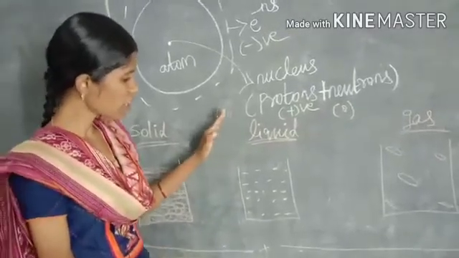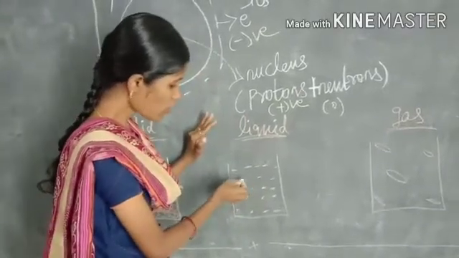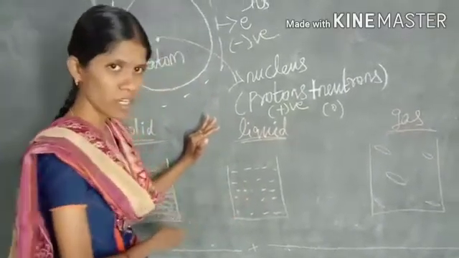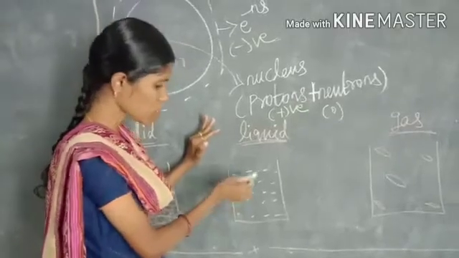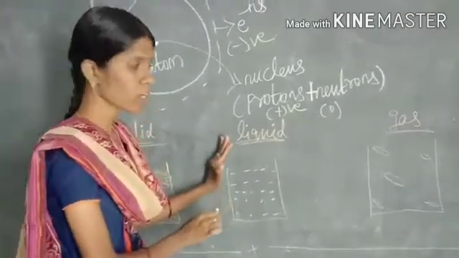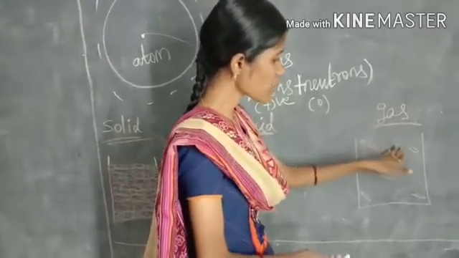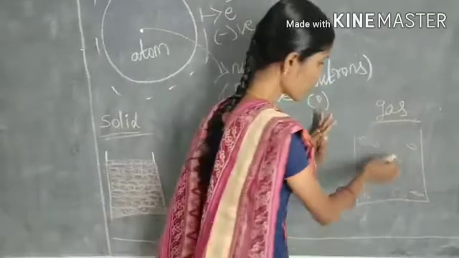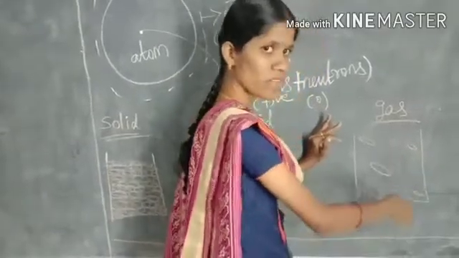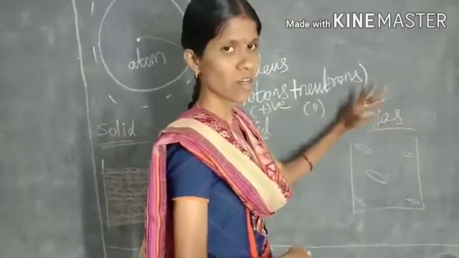Whereas in the case of a liquid there is a small space, a small gap between one particle and another. Whereas in the case of a gas the intermolecular distance is very large, there is a very large gap between the particles or molecules, okay students.